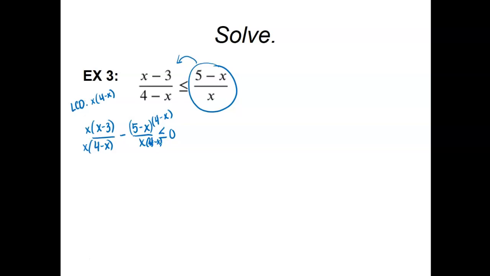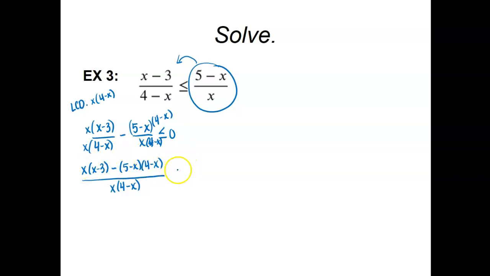And so whenever we do that, in the numerator we are going to get x times (x minus 3) minus (5 minus x) times (4 minus x), all over, and since we have the same denominator here, we can just write this all over the same denominator, x times (4 minus x). And so in the denominator, we don't want to multiply anything back together because our goal is to have this factored. However, in the numerator, I've got this minus sign right here, so I need to distribute and factor so that then I can simplify from there.